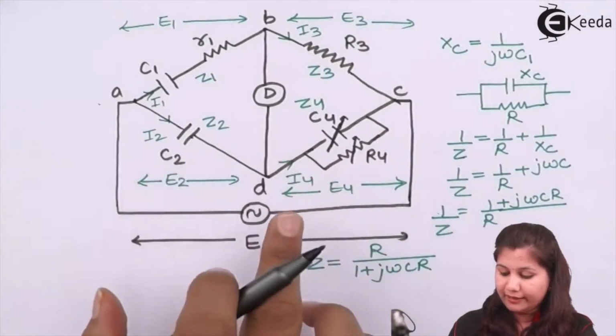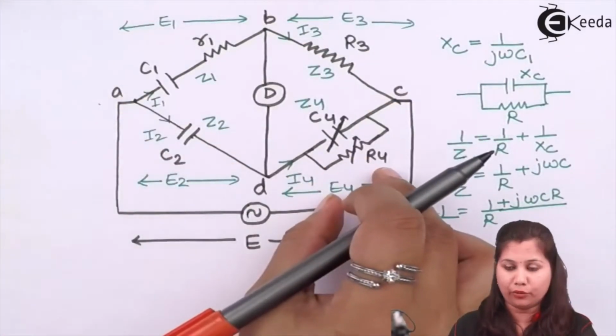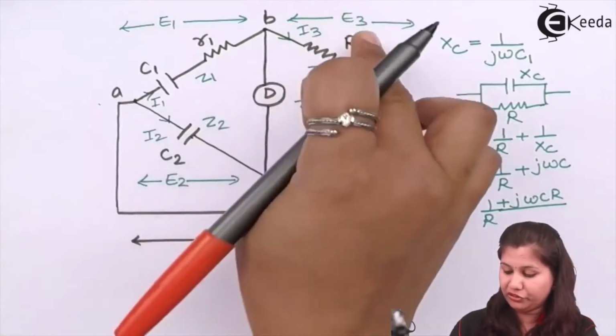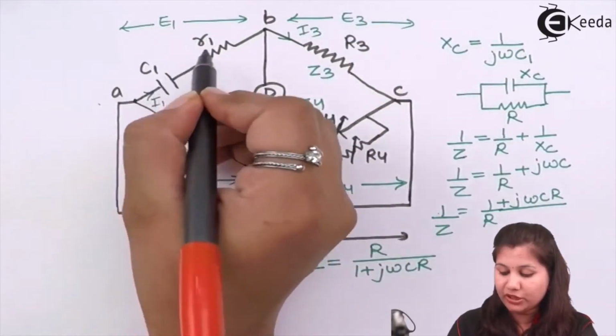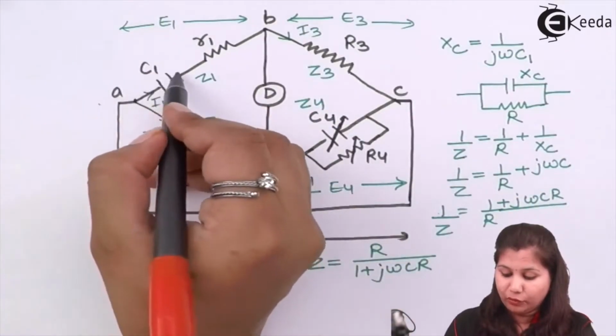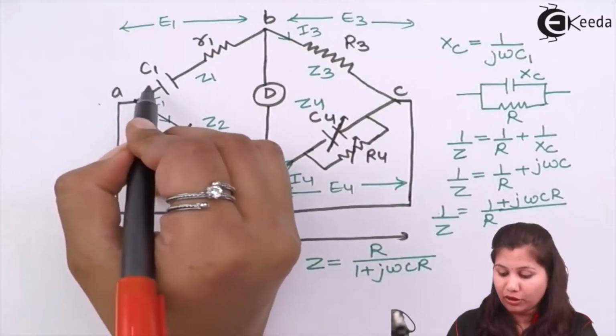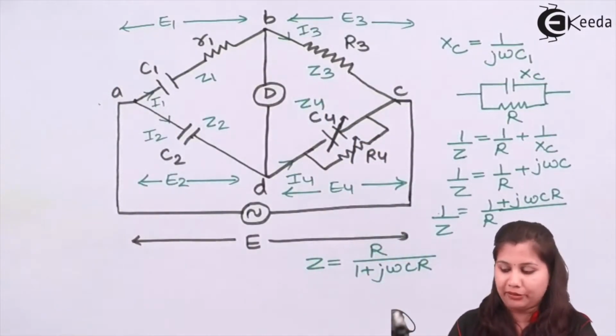Now in this circuit diagram you can see that we have different voltage drops across the four arms E1, E2, E3 and E4. Also we are having voltage drop across each element also. So what is the relationship between the voltage and the current across these elements? That will be represented in the phasor diagram.